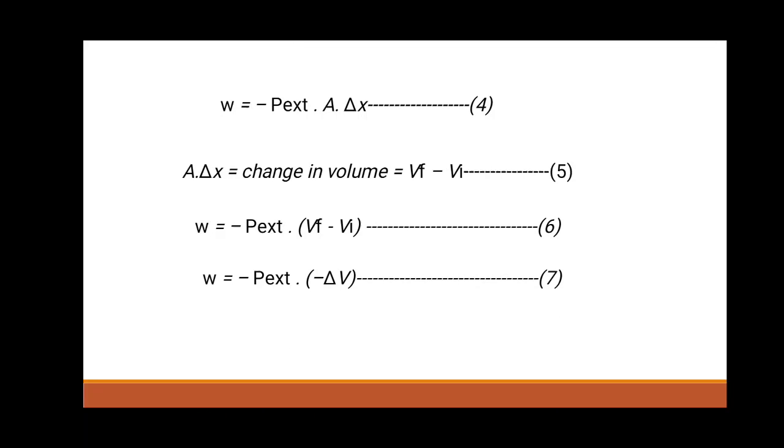Now, the change in volume, how can we write it? Minus del V. Del means change. Now, two negative symbols are occurring, so by the way, we get it positive. W gives positive external pressure and change in volume. Since work is done on the system, it is a positive quantity.